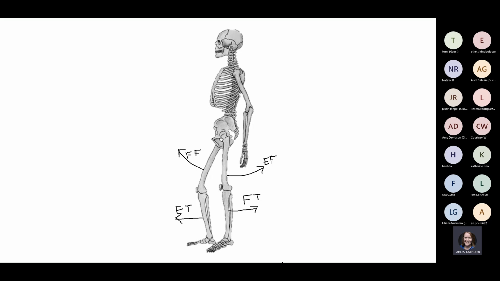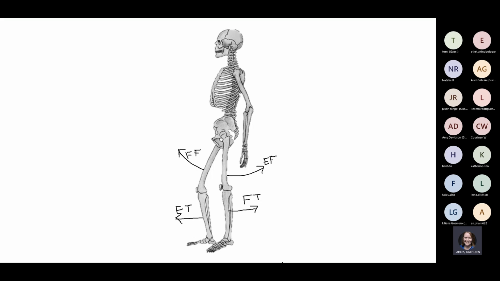Yeah, so Courtney's asking, can we relate this back to a ball? Absolutely. When you kick a ball, if you're just using your tibia to kick that ball, we are extending the tibia to kick the ball. If you're using your entire leg to kick the ball, we are flexing the femur to move your whole leg forward, and then we extend the tibia all the way out.